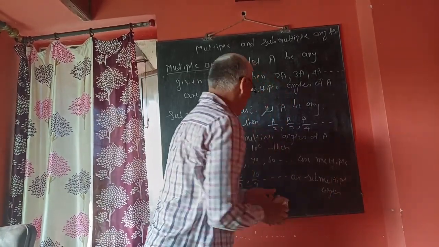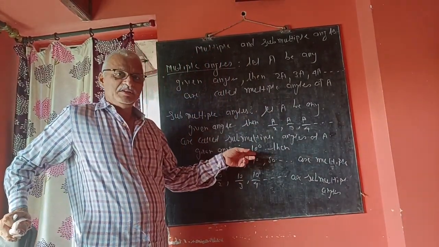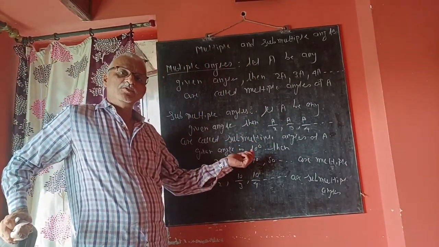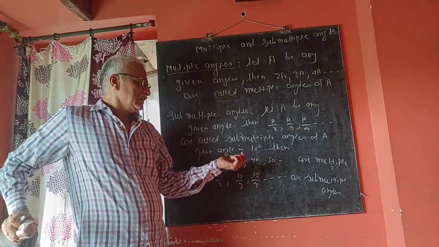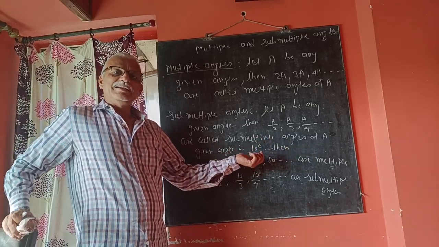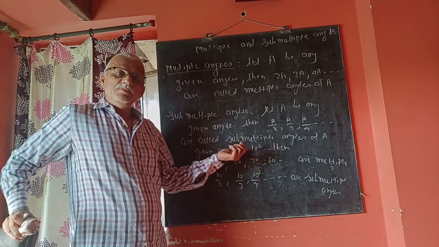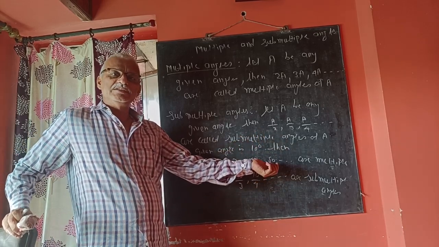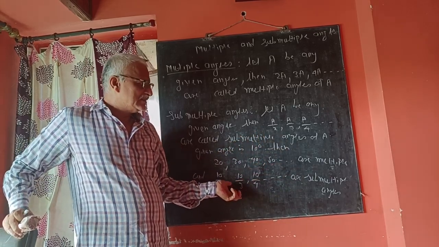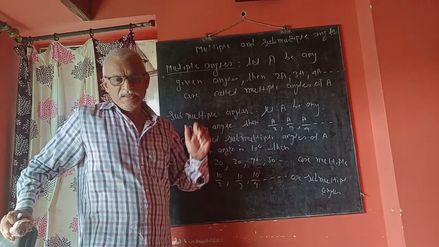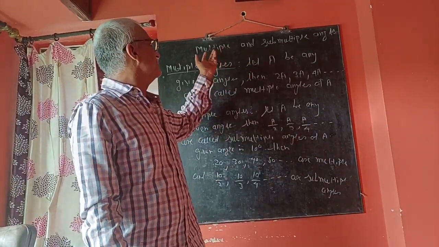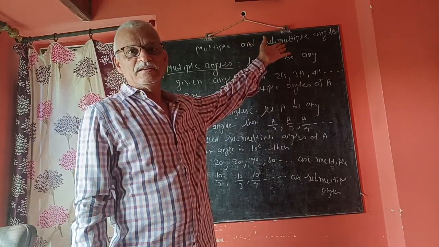See here, we have taken the angle 10. If it is multiplied by 2, 3, 4, 5, 6, 7 and so on, we get the multiple angles of 10. And if it is divided by 2, 3, 4, 5, 6, 7 and so on, then those are called the submultiple angles of 10. So I think the concept of multiple and submultiple is clear.